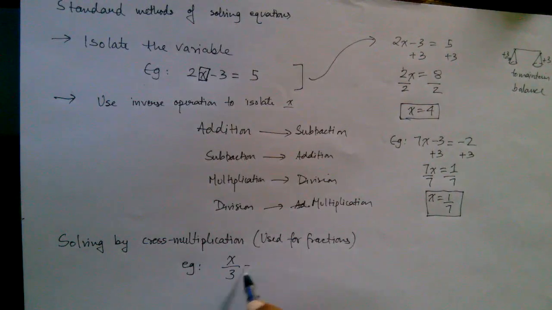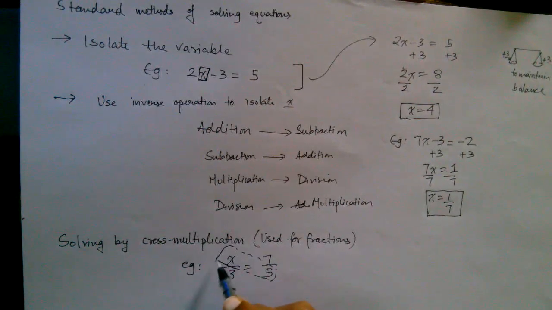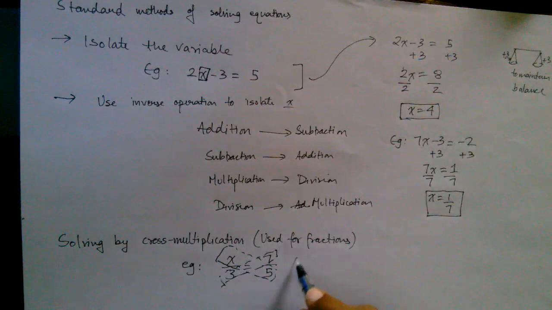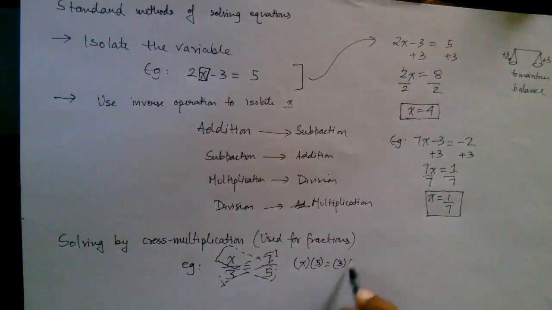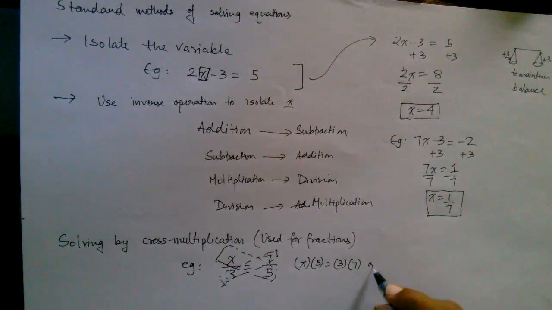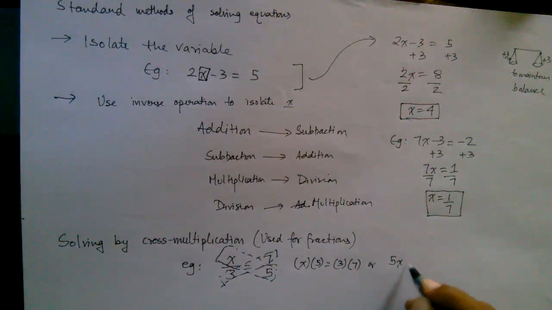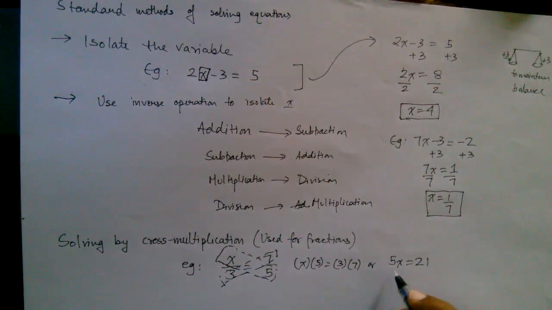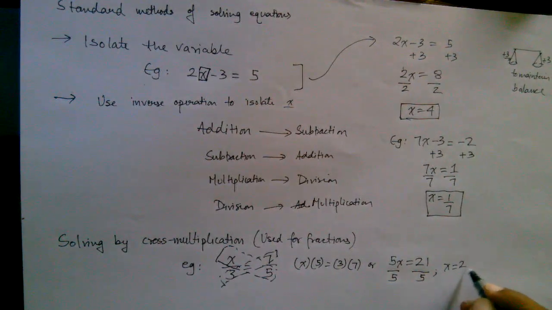If I have x over 3 equals 7 over 5, then I can multiply across and these expressions are going to be equal. So x times 5 is going to equal 3 times 7, or 5x is going to equal 21, and now we can follow the same process of dividing by 5 to get x equals 21 over 5.